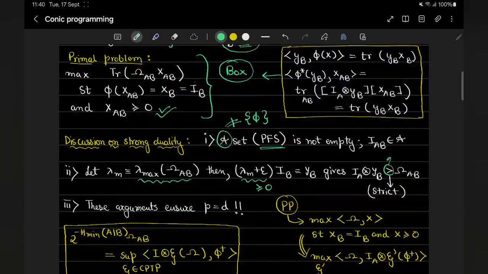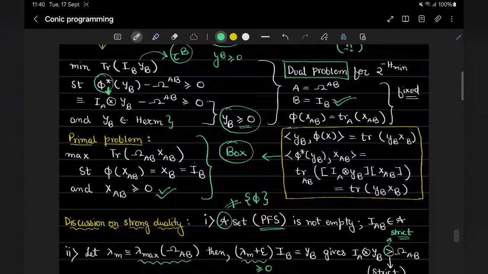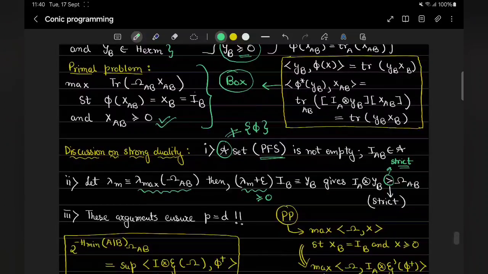So this is a strict inequality, strict. But you can see that in the dual problem we needed only a loose inequality, but the strictness guarantees that the dual feasible set has a relative interior inside it.